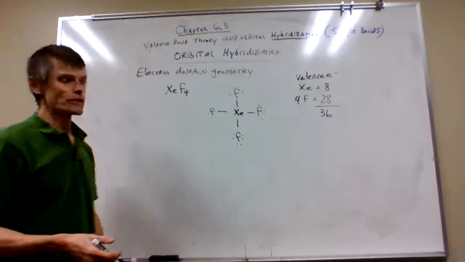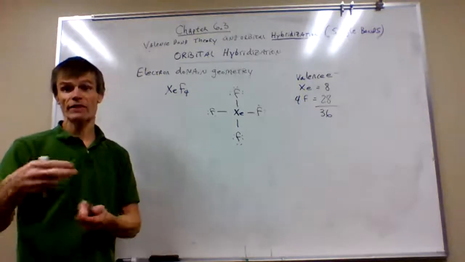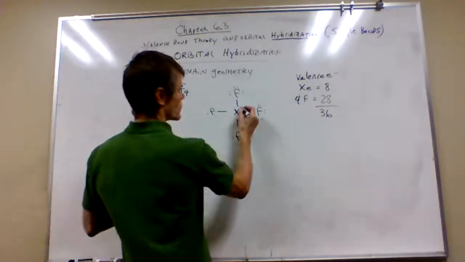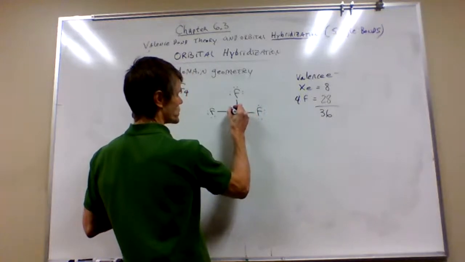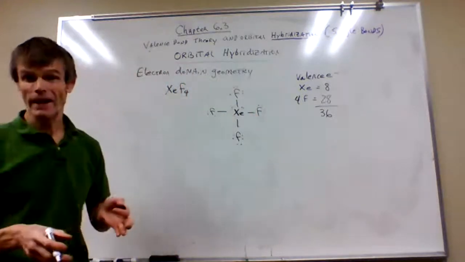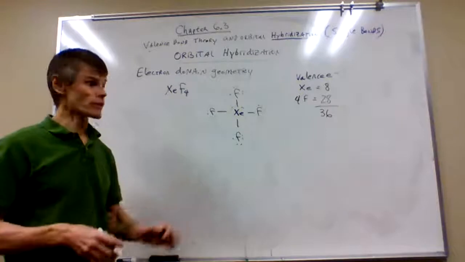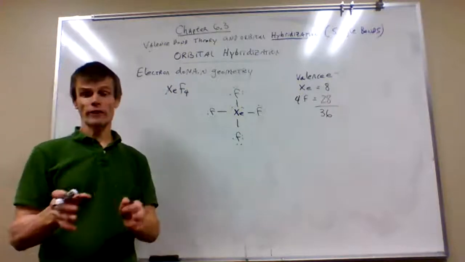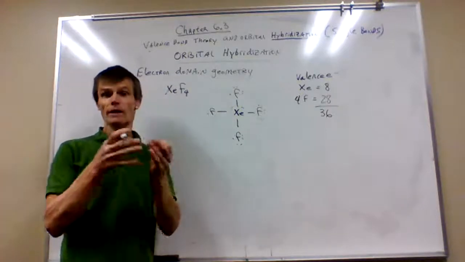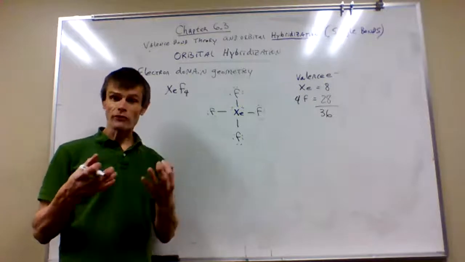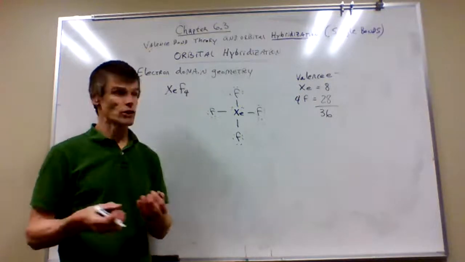We've used up 32. Remember, xenon can have an expanded octet. We can put 2 electron pairs. Total of 36 electrons. Remember, we said the predicted geometry is based upon the electron domain geometry.